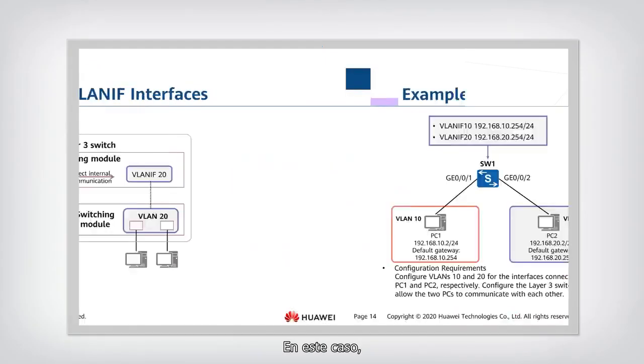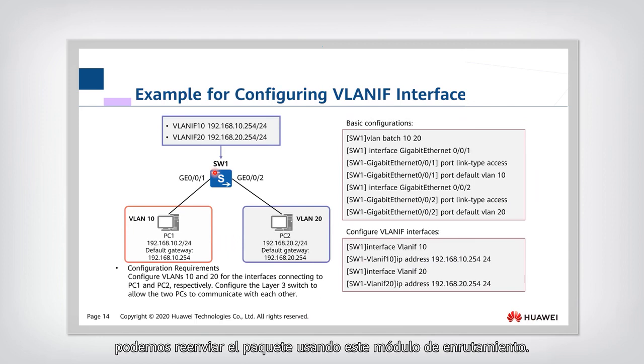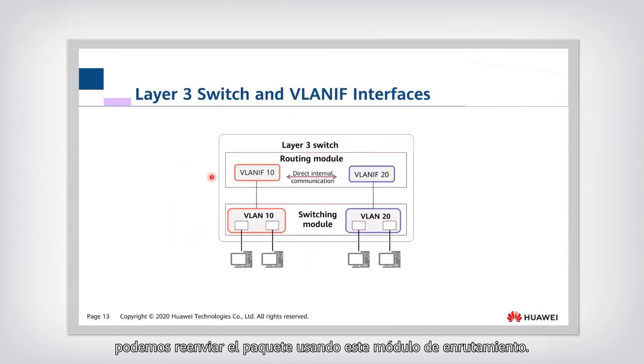And in that case, we can forward the packet using this routing module. For example, if a packet comes in, it should be forwarded to this virtual interface. And because this virtual interface has a direct internal communication with this interface, if it finds that the outgoing interface should be this one, then it can forward the packet to this interface by this internal communication.